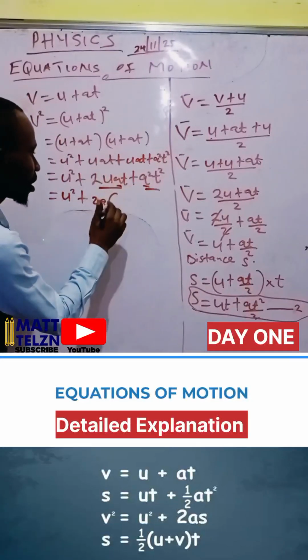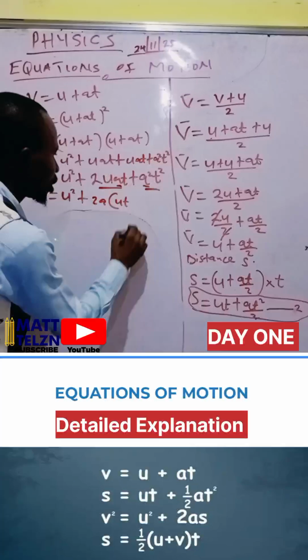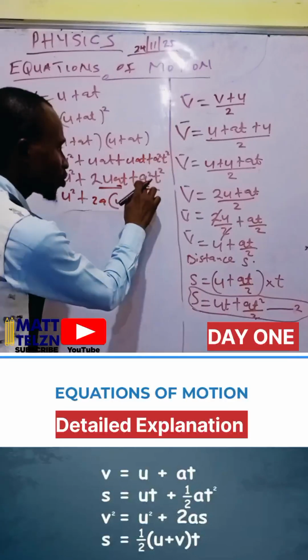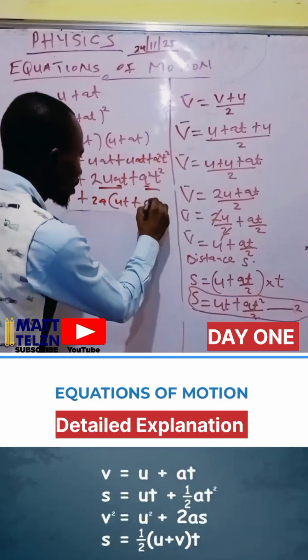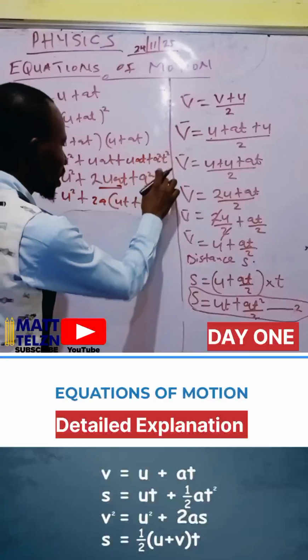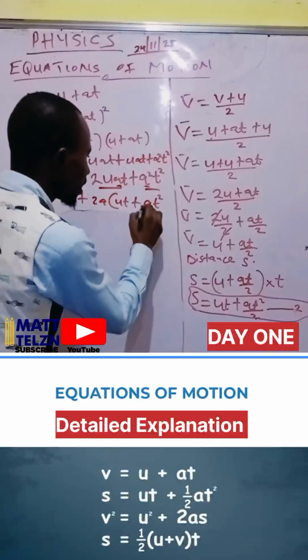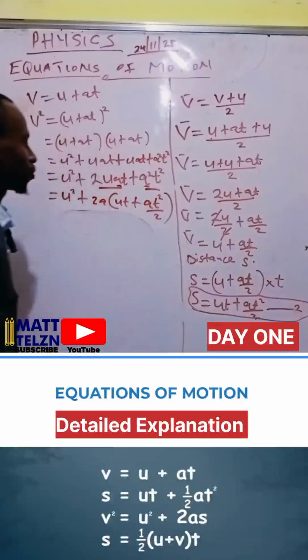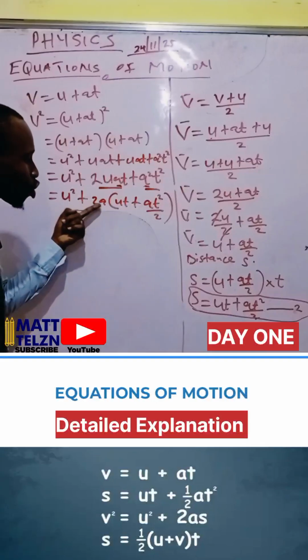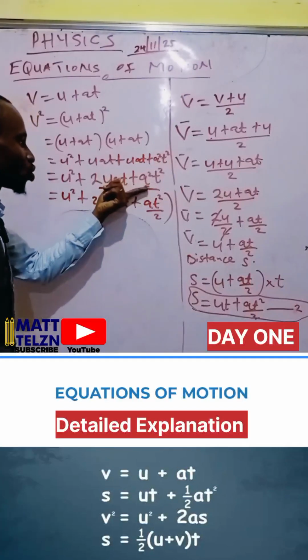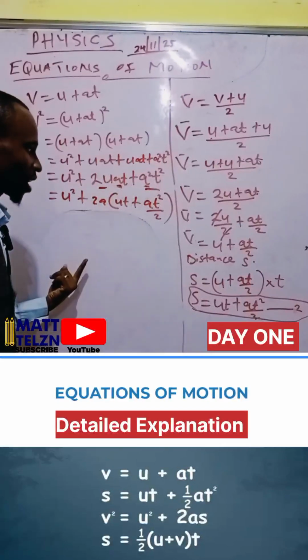What do I have remaining here? I have ut plus a remaining, then my t squared divided by 2. If I open this bracket, I'm going to get back to this aspect of it, right?